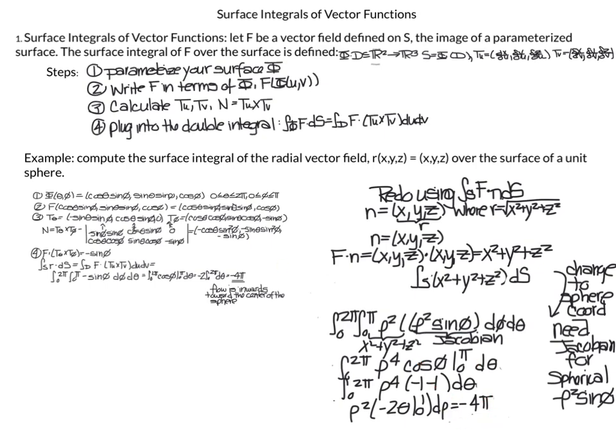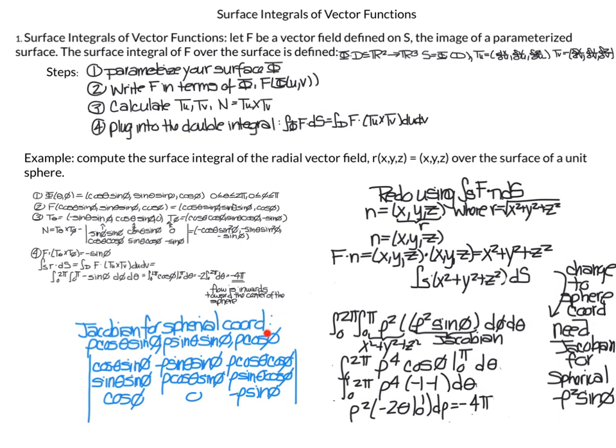And then here is just a quick review on how to calculate the Jacobian for spherical coordinates. For the first row, you take the x coordinate and take the derivative with respect to the first variable, in this case rho, then with respect to theta, and then with respect to phi.